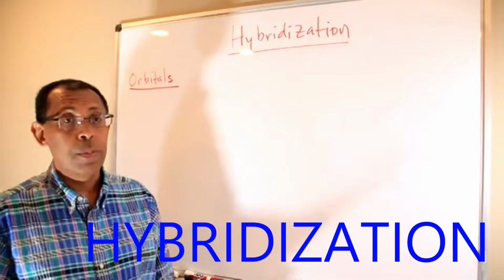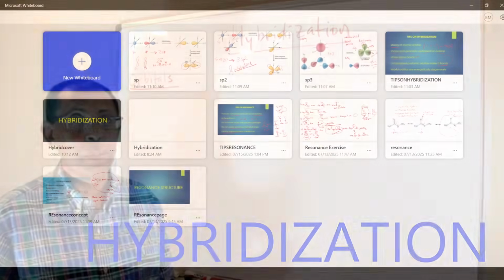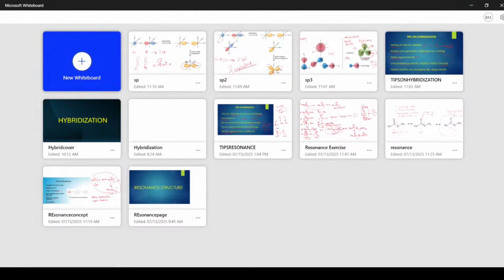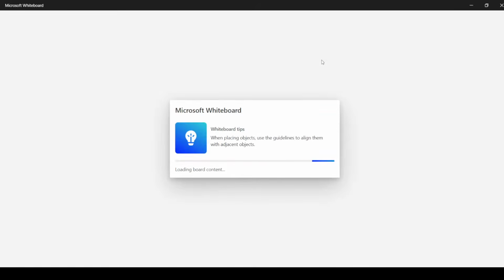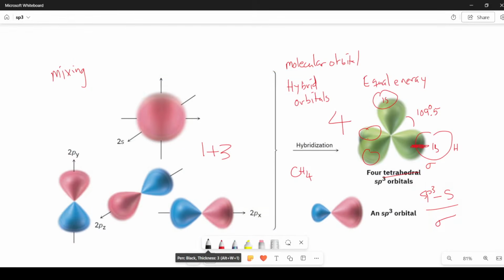This is a concept where the orbital hybridization.